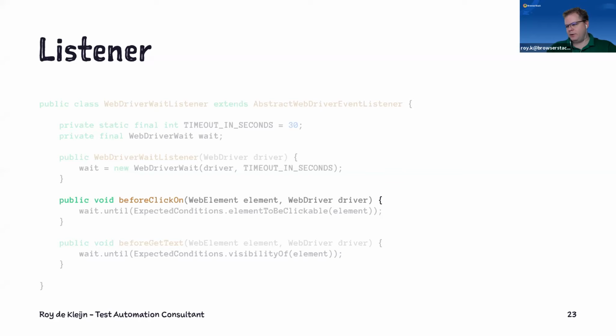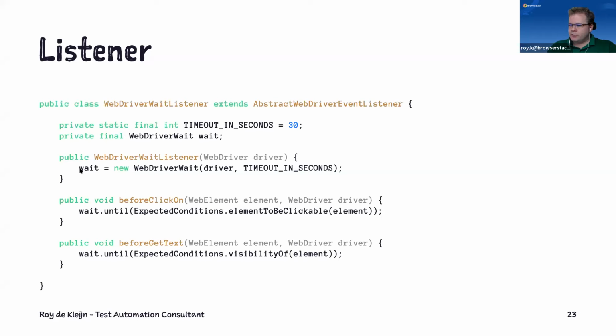And then I click on it. And before retrieving text from an element, I like to ensure that this element is visible. Right? These are the 2 conditions that apply for my project. And further, you can see a constructor. This is called a constructor. And there I instantiate a new WebDriver wait with the driver session.